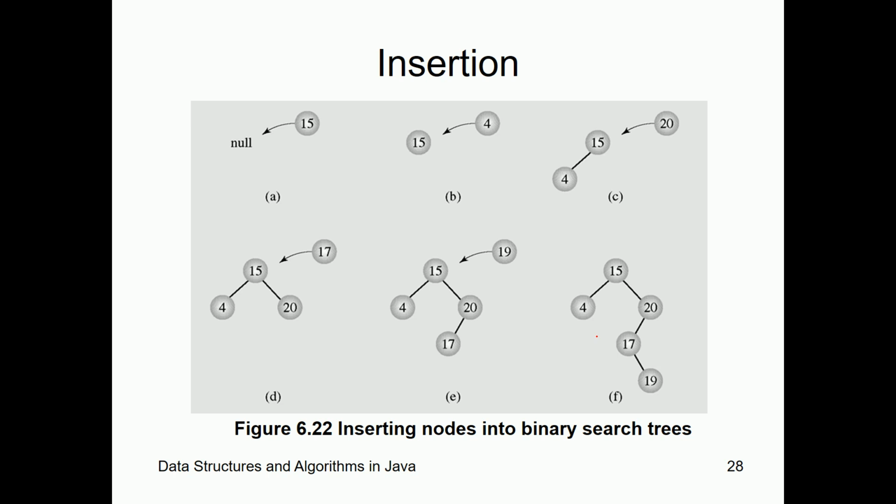It's just a choice in the implementation. But it doesn't matter for us, even if it's right or left. At the end of the day, we just need to follow the rule. If it's greater than, we go to the right, less than, we go to the left. If it's equal, choose whatever you want and be consistent. If you always put them to the left, we'll always put them to the left. It's not like sometimes you put them to the left, sometimes to the right. That's what I'm trying to say. So that's why I'm saying it depends on the implementation.